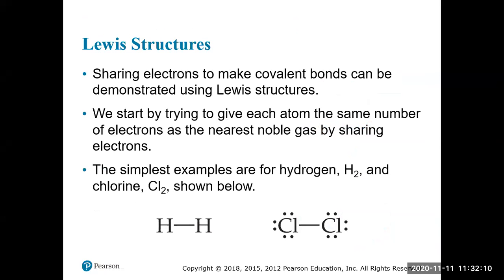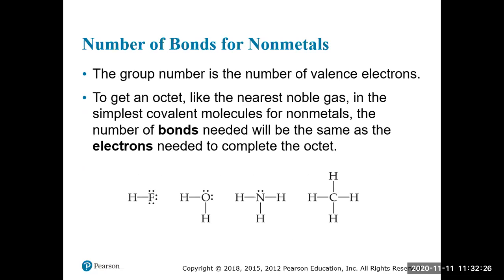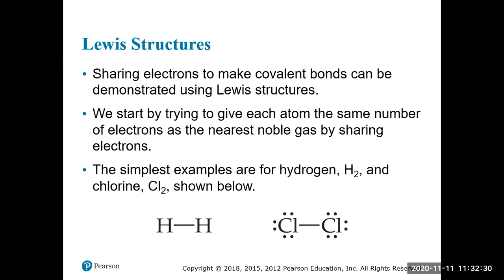On the chlorine, we have six other dots because that fills out its octet. Hydrogen doesn't have any more electrons, so there's nothing else to do there. We're going to talk more about these Lewis structures, including double bonds, triple bonds, and how that factors in.